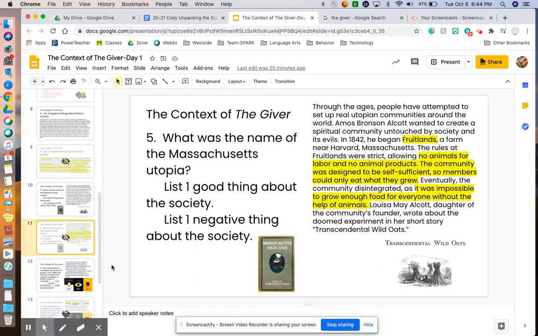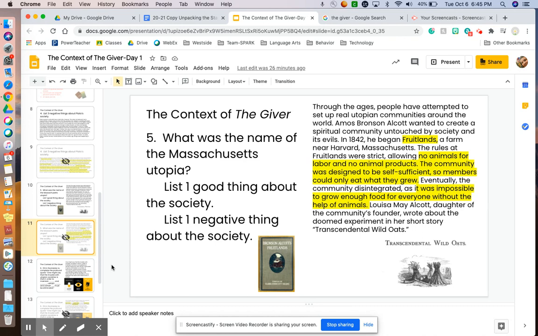But even if it was like 100 people, you would have to have a lot of acres of food, like a garden, to feed all these people. And without animals to help plow and harvest, it just became too hard, and they almost starved. And that is why they had to disband and go back to normal society.